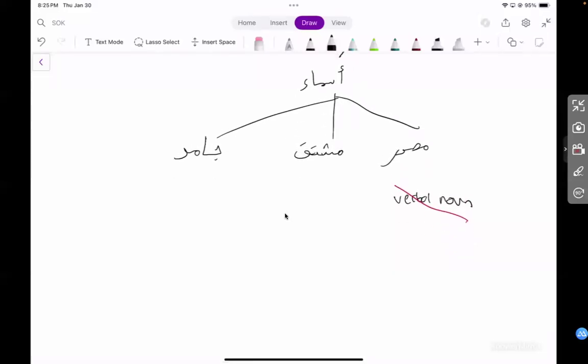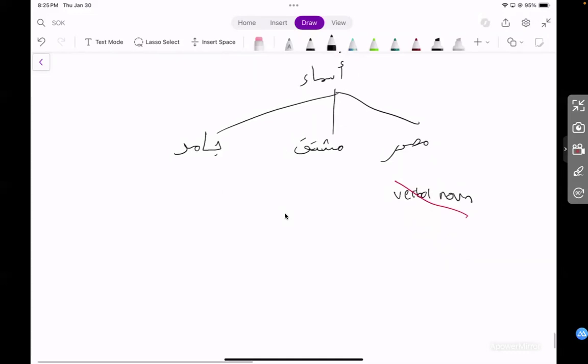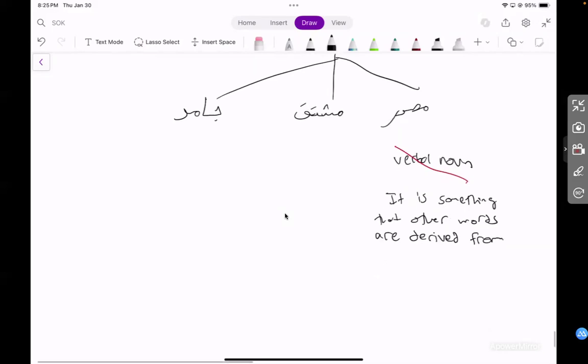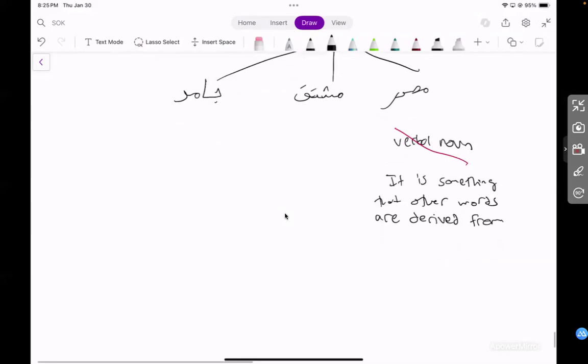For our discussion right now, it is something that other words are derived from. Other words are extracted from, right? So it's basically the origin.